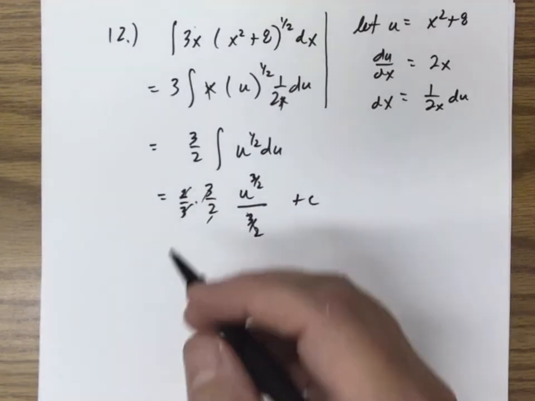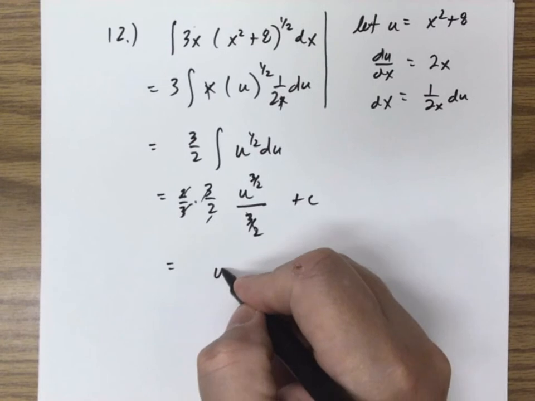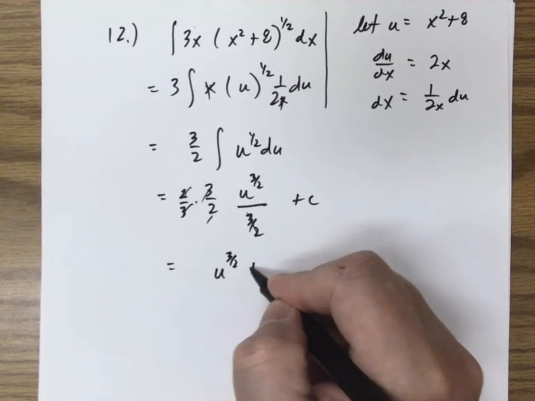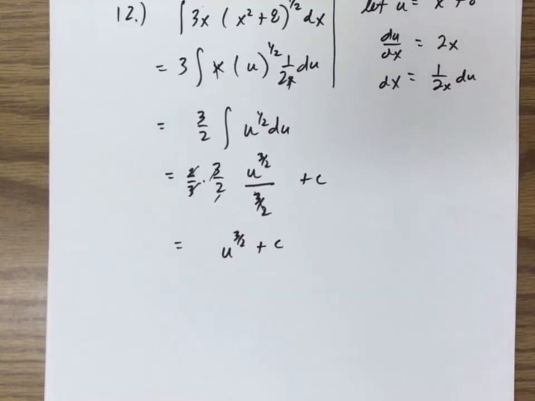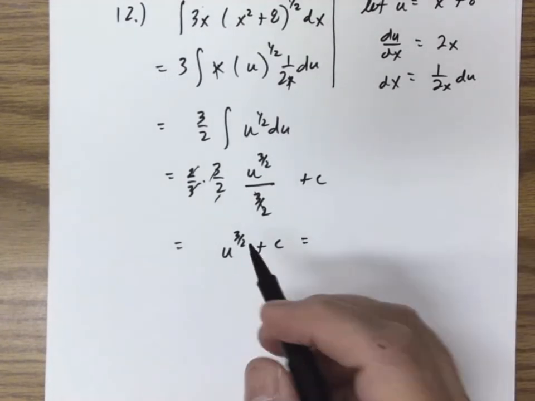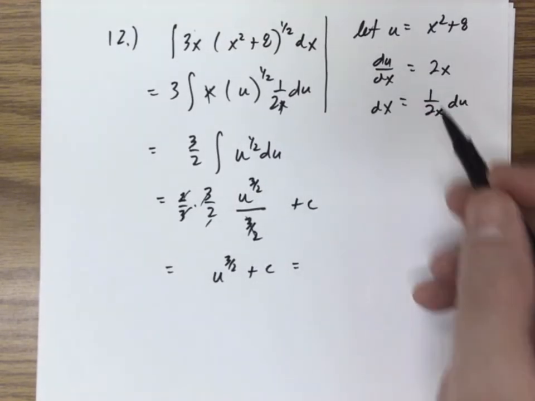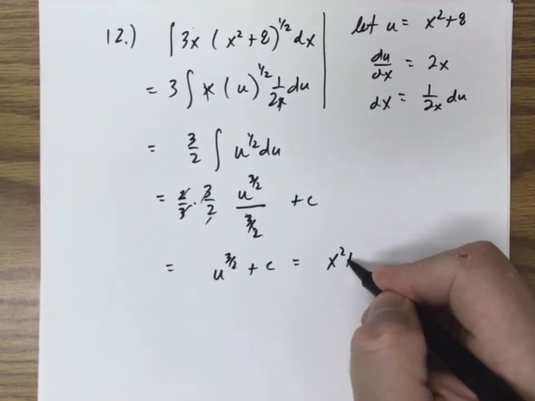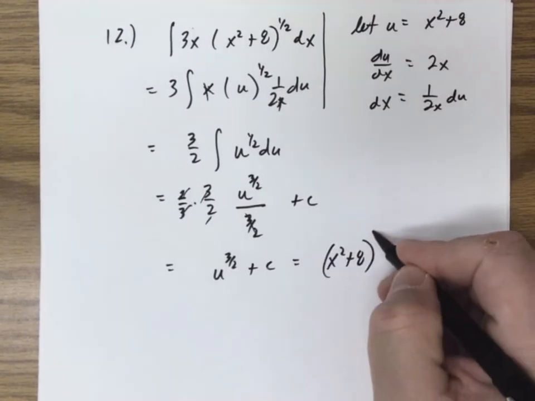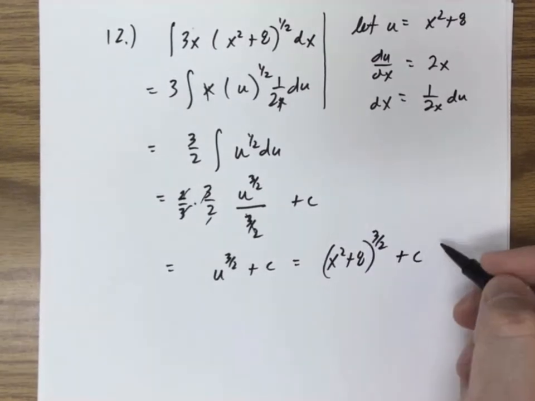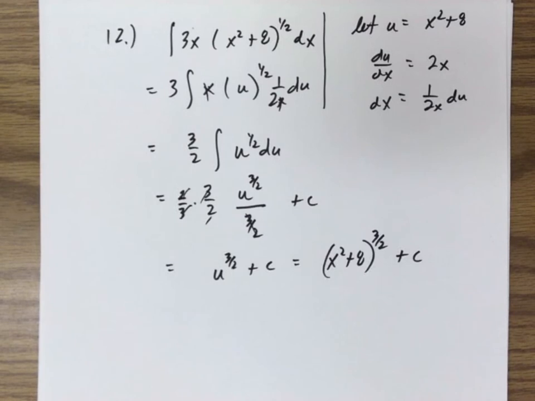They cancel. So when you come down to it, u to the 3/2 plus c, and now if I replace u with x squared plus 8, it's x squared plus 8 raised to 3/2 plus c. All right, once again, substitution worked out.